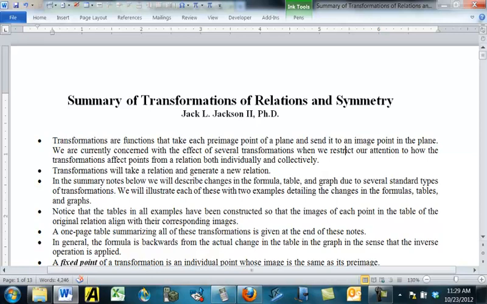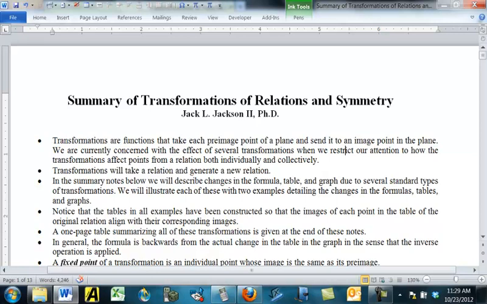In the summary notes that we've got below, and this file contains the summary notes for all of the transformations we're going to be studying this semester, we'll describe the changes in the formula, the table, and the graph due to several standard types of transformations. And we'll illustrate each of these with two examples.